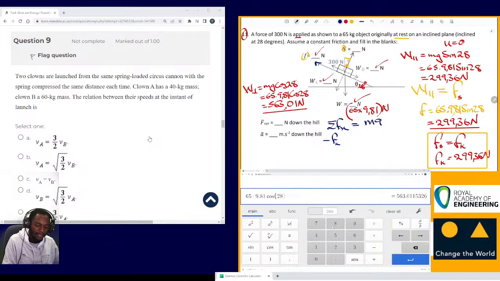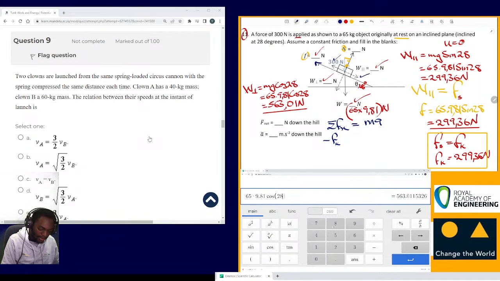We have mg sine 28, the component of weight down the slope, and we have the 300 sine 28, which is the component of the applied force down the slope.